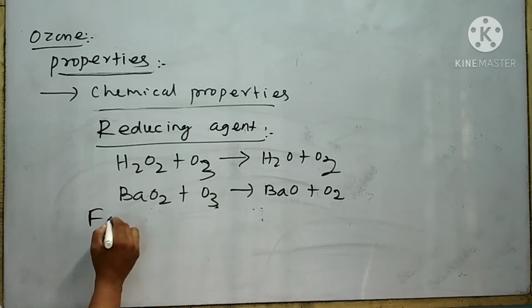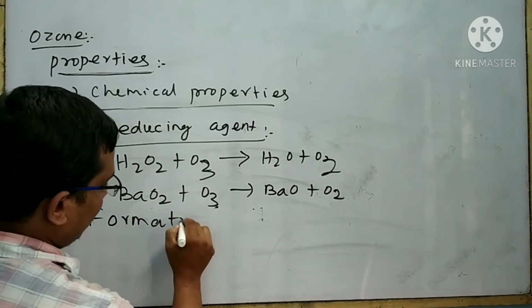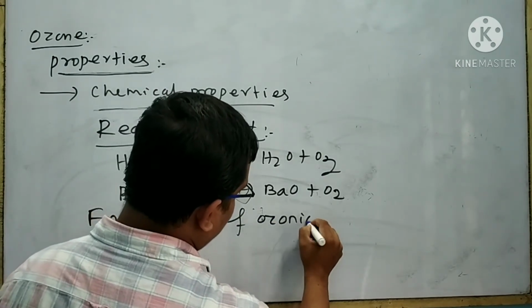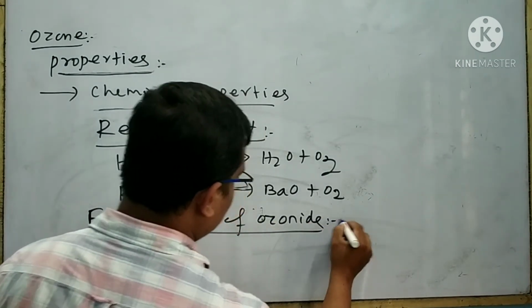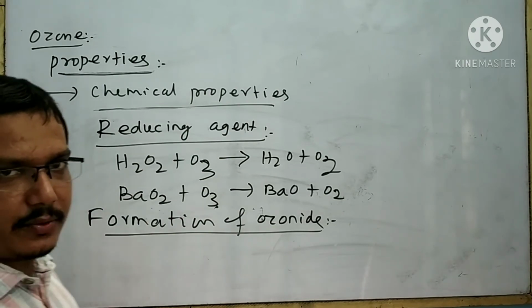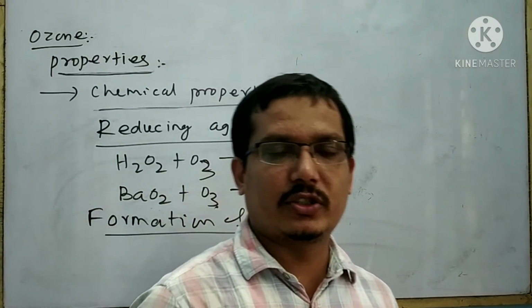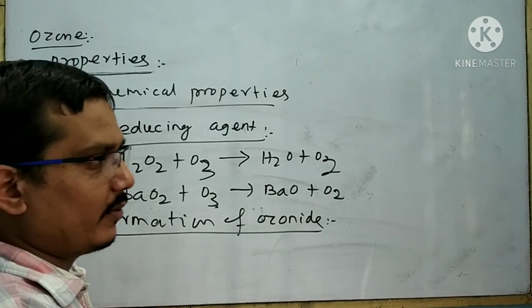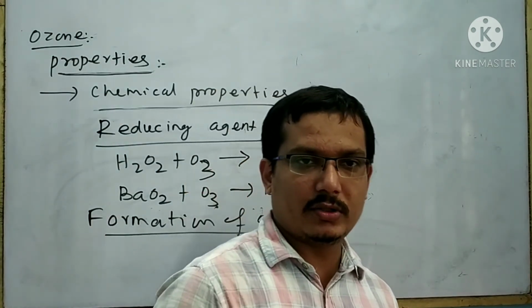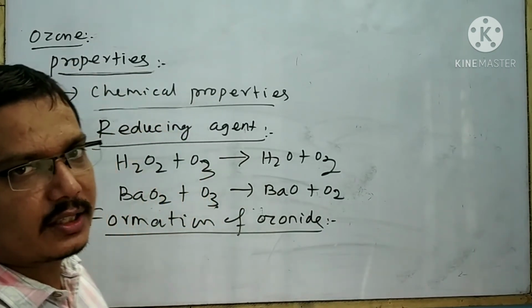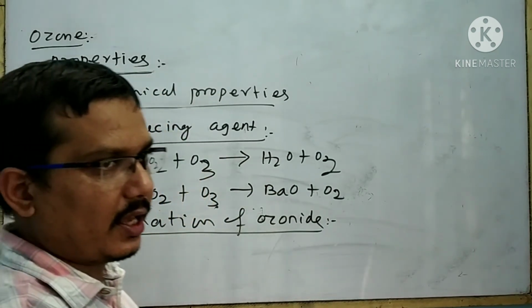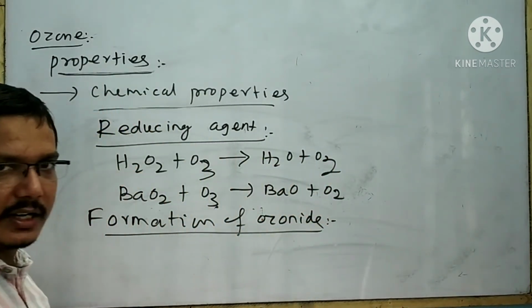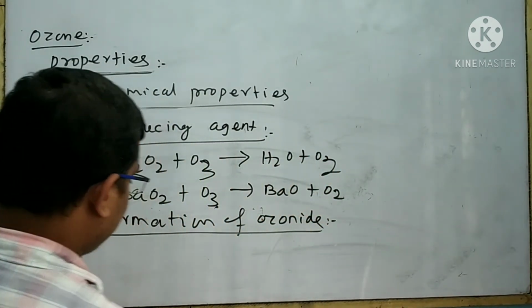Next chemical property is formation of ozonide. Ozone reacts with a compound which contains a double bond to form an ozonide. Again, when the ozonide undergoes reaction with water in the presence of zinc, then aldehyde or ketone or both aldehyde and ketone are formed.